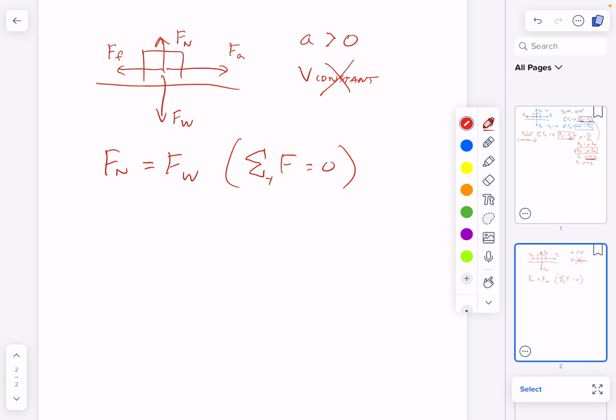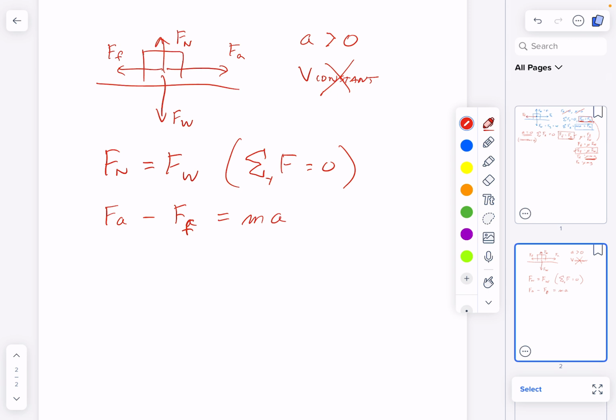Now, as far as the summation of the forces in the x direction is concerned, my bigger force, F sub A, minus my smaller force, F sub F, is what's causing the acceleration. And anytime you do not have constant velocity, but there is acceleration, the unbalanced forces must always equal ma, mass times acceleration.